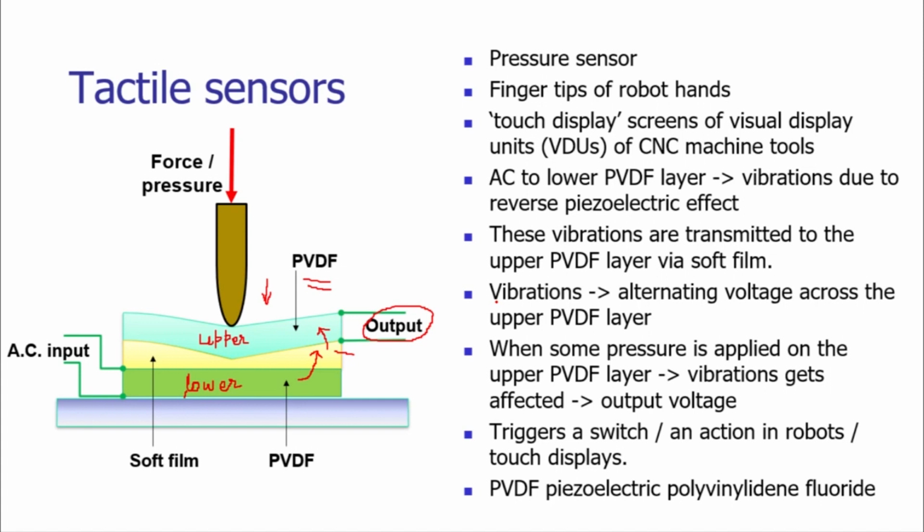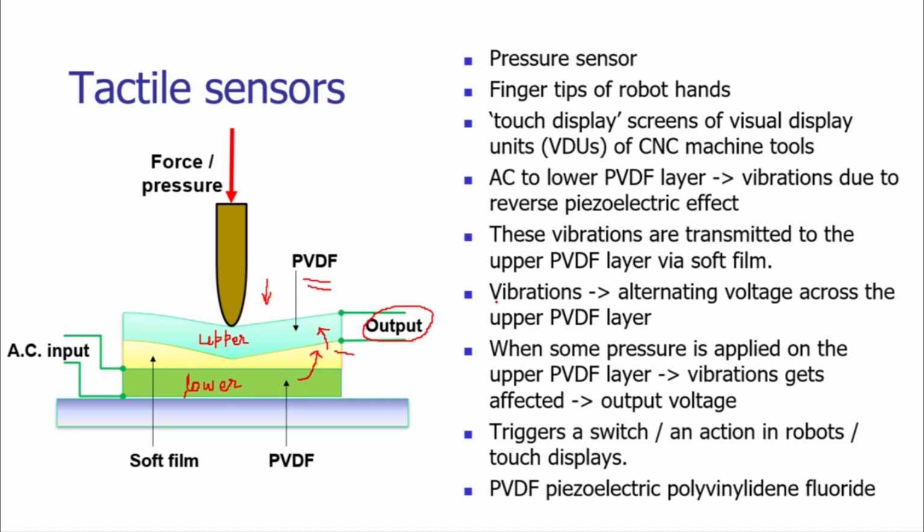As we are touching the screen at a certain point, there is some function associated with the location of the screen wherever we are touching. So as we touch that particular location, the microprocessor knows the location.